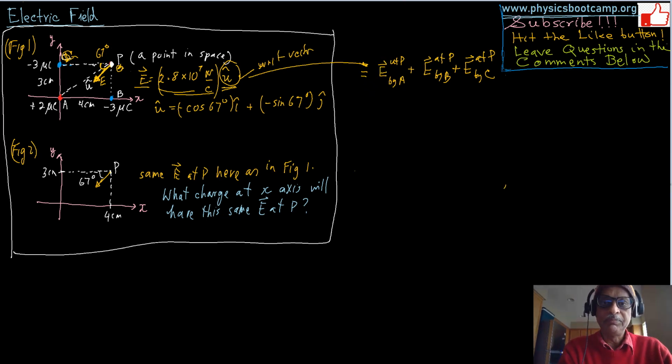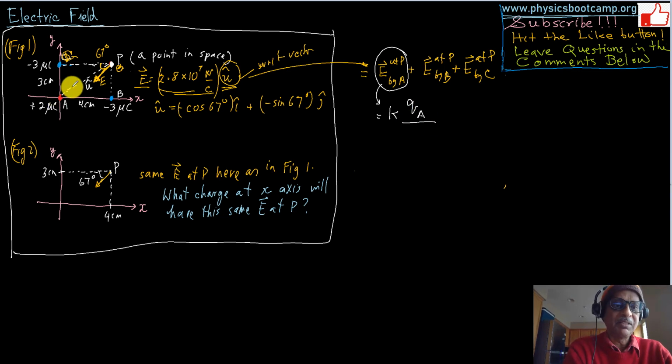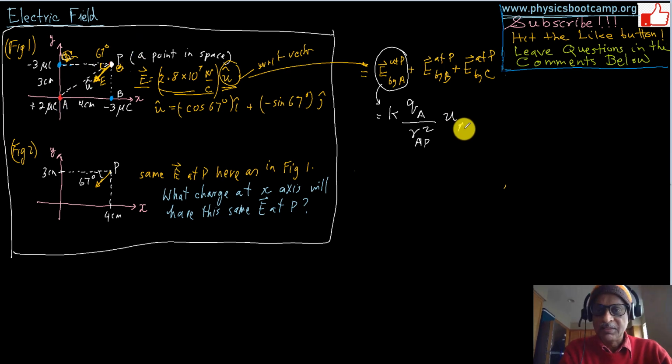Each one of them, if you look at the formula, is just K Q of A divided by the distance squared between A and P, times the unit vector in the direction from A to P. So if the charge is positive, the field points that way.